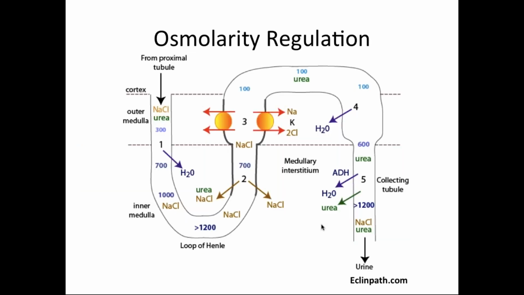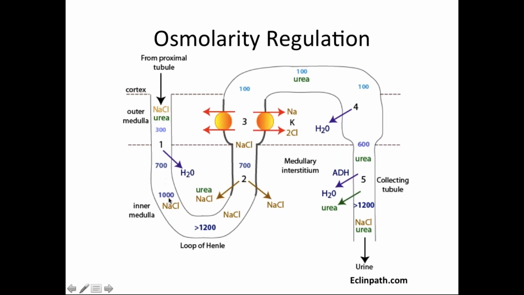So how is this hyperosmolar or concentrated urine produced? The glomerular filtrate is actually isoosmolar with an osmolarity of 300, which is at the starting.